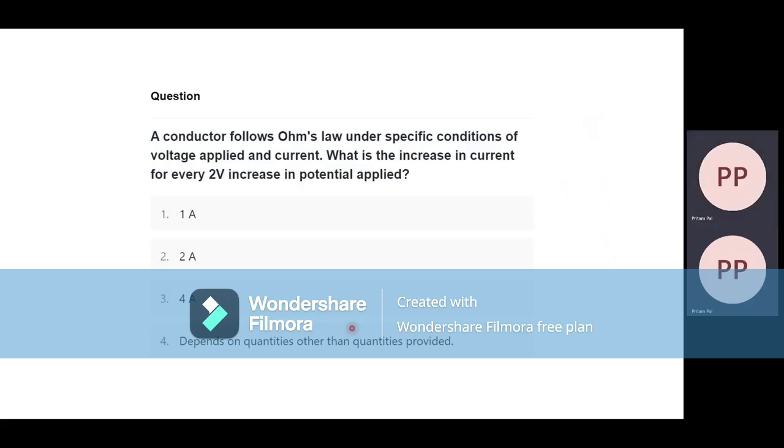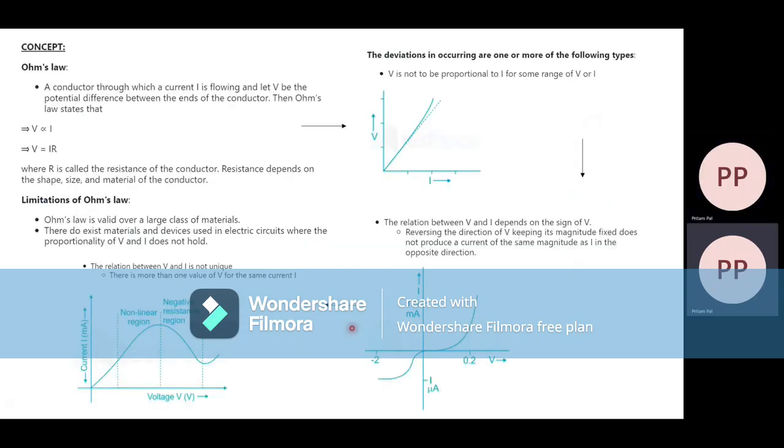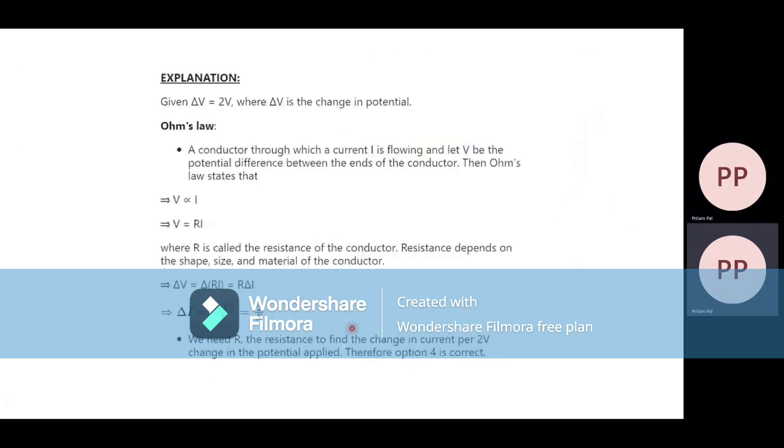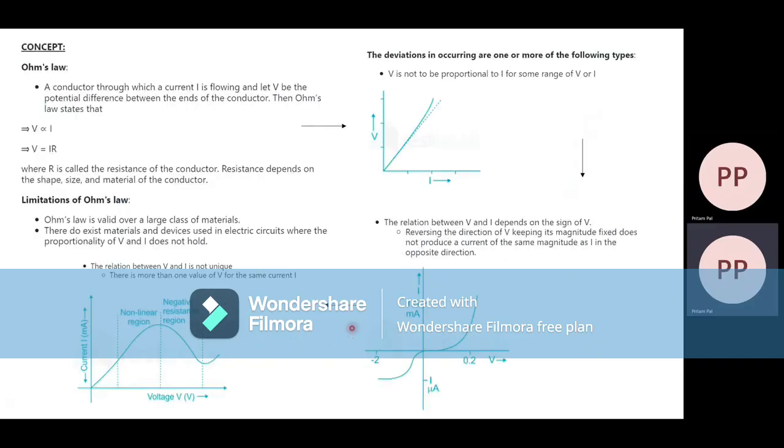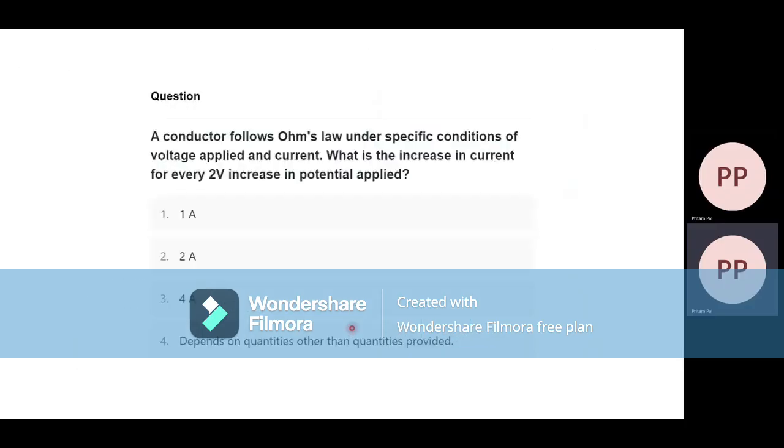What is the increase in the current for every 2 volt increase in the potential applied? Four options are there. First one is 1 amp, second one is 2 amps, third one is 3 amps, and fourth one is depends on quantities other than the quantities provided.